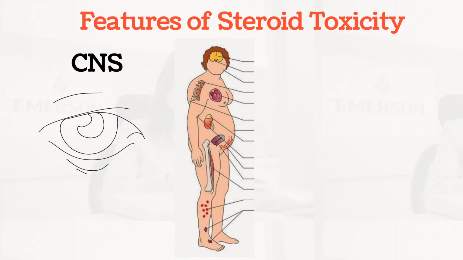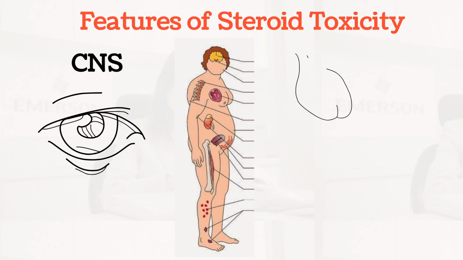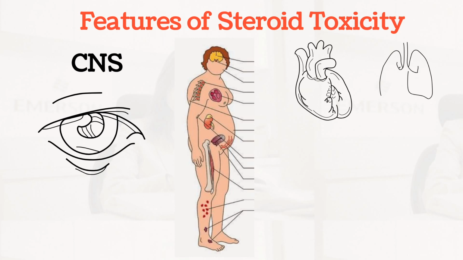Then on the eye, we can have cataract, glaucoma, xanthomas. Then under the CVS, we can have hypertension, atherosclerosis, arrhythmias. Then under the respiratory, we can have pulmonary hypertension and exacerbation of PTB. Then on the GUT, we can have hypokalemia, amenorrhea, infertility, IUGR.